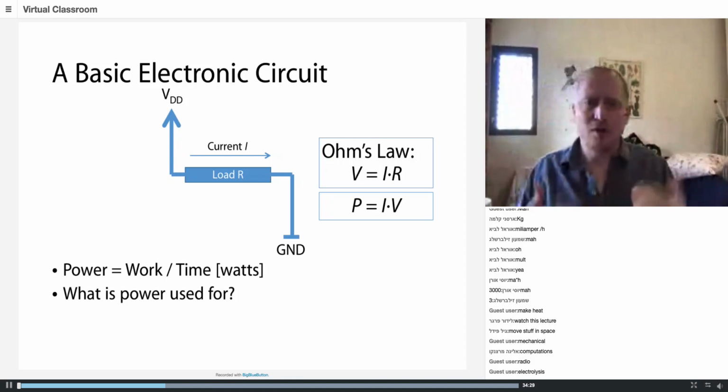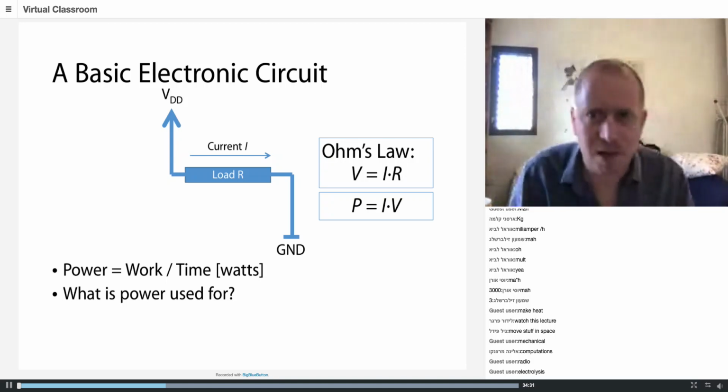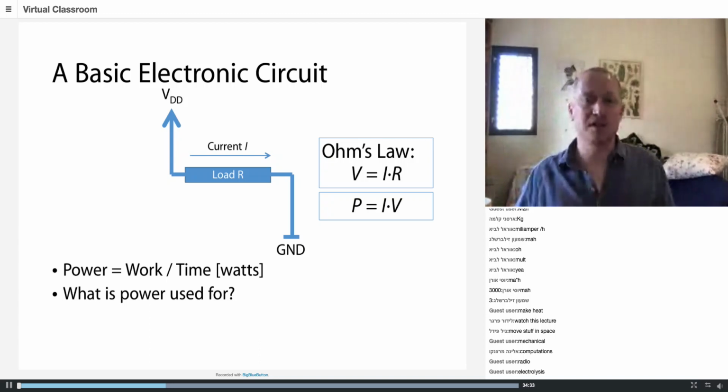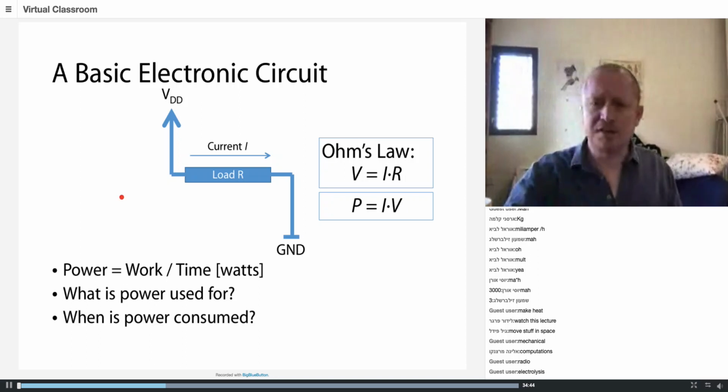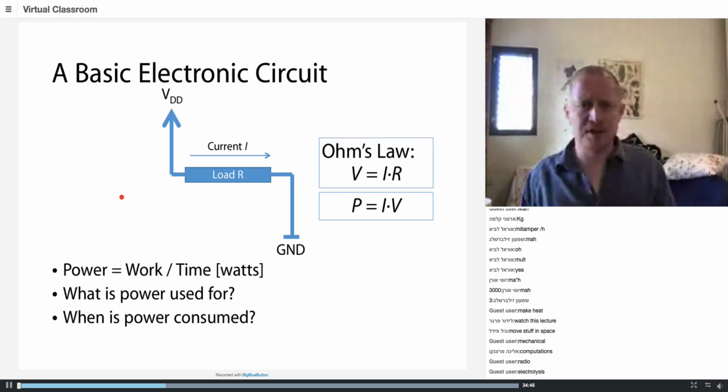So I can do all sorts of things with my power. And the most interesting thing for me as an attacker is doing computational work using electronics and then measuring.